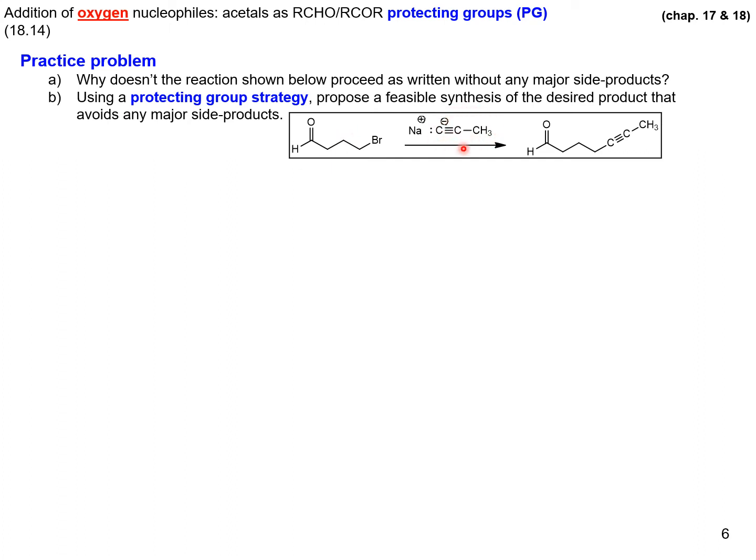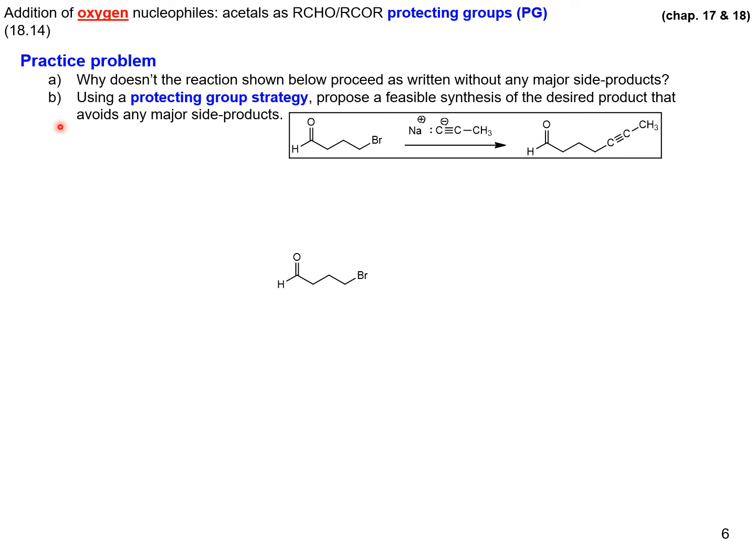I know that this is a nucleophile that reacts with primary alkyl halides to make carbon-carbon bonds, and I can synthesize this compound in this fashion. Well, why is it that I can't do that? Why can't I perform this reaction without obtaining any major side products? And in this problem, we'll see that we can get around this by using protecting groups.